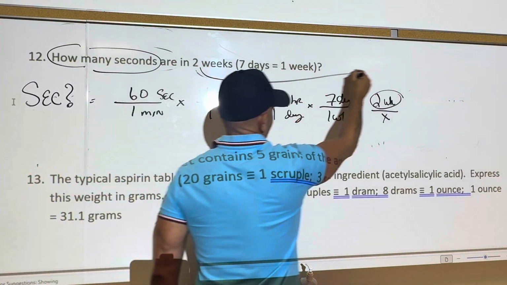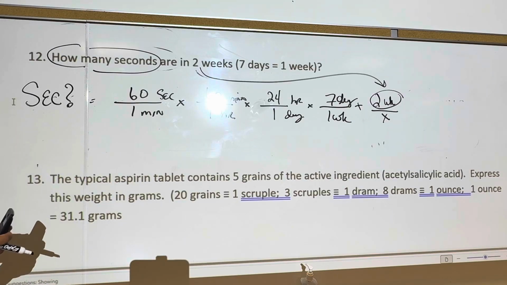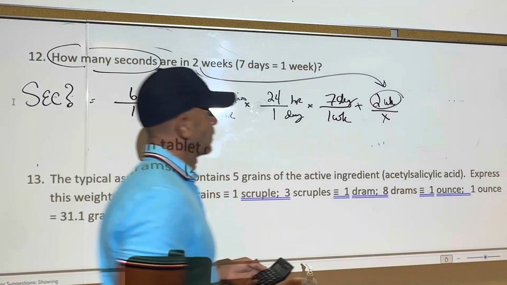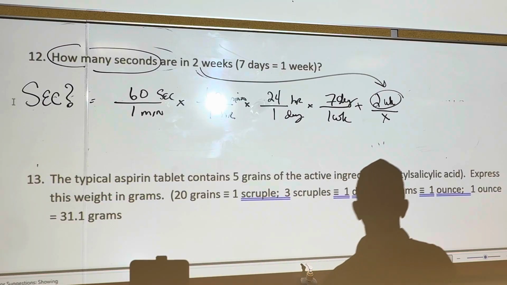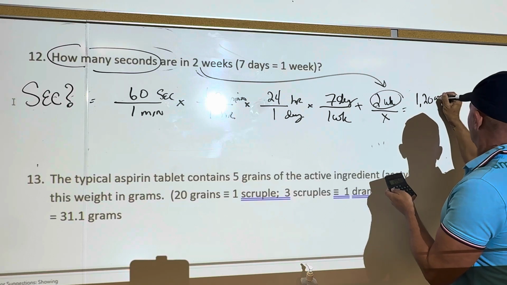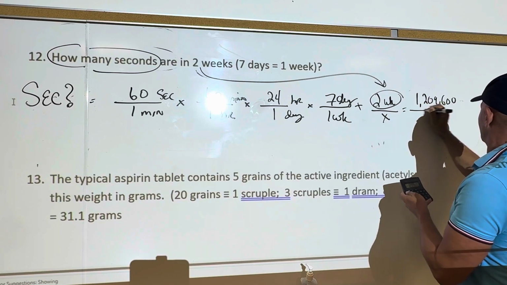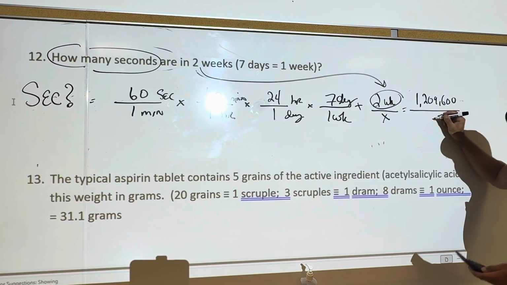So see, I brought this over here. That's my final fraction in the equation. All right, so what do we do? 60 times 60 times 24 times 7 times 2 equals 1,209,600,000 over 1 times 1 times 1 times 1 equals 1.